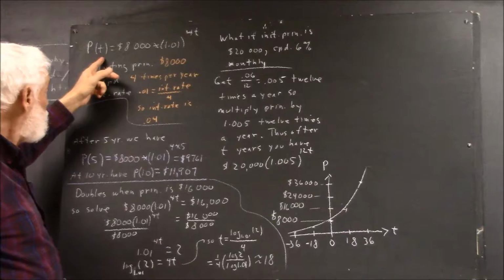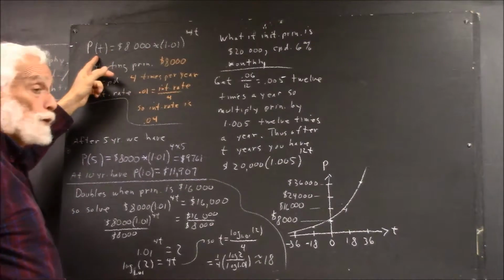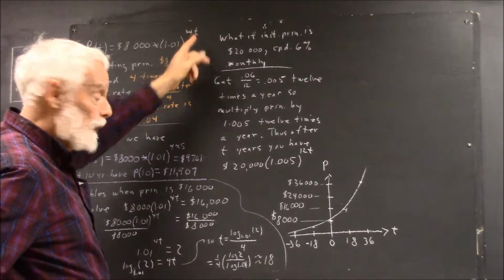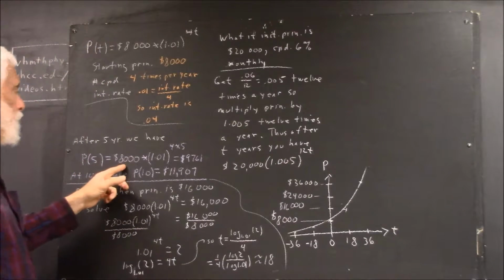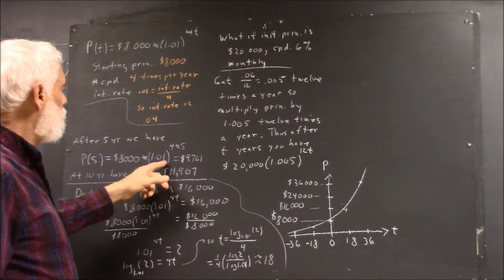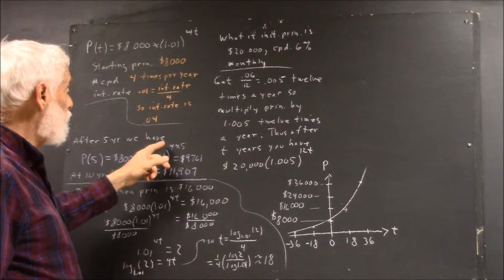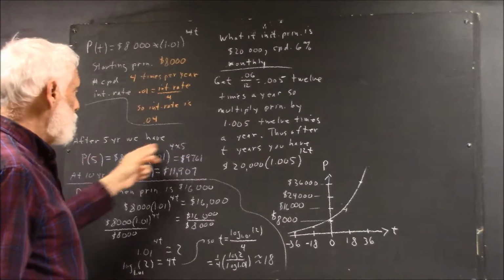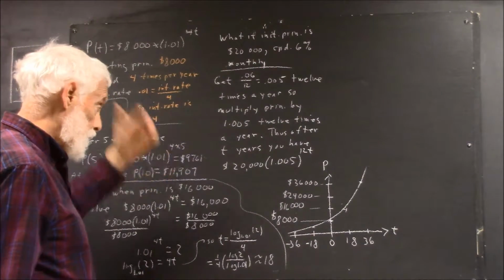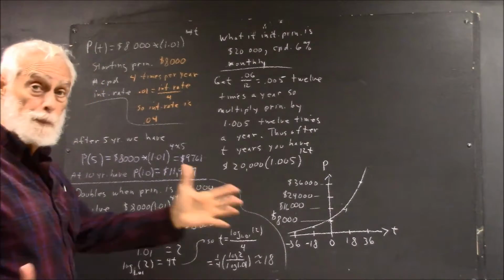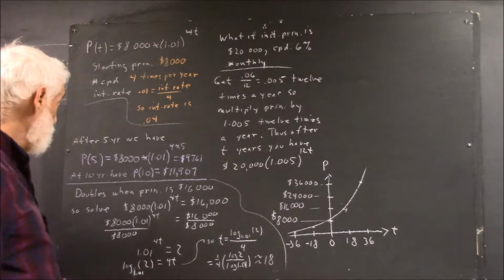We get P of 5 by plugging in 5 for T. So P of 5 is $8,000 times 1.01 to the 4T, but T is 5, so it's 4 times 5. We multiply that out, we get $9,761, at least if I believe what your calculators seem to always be telling me.